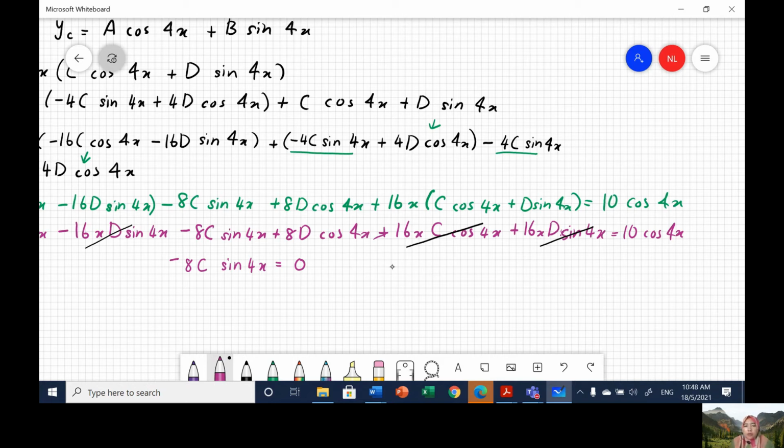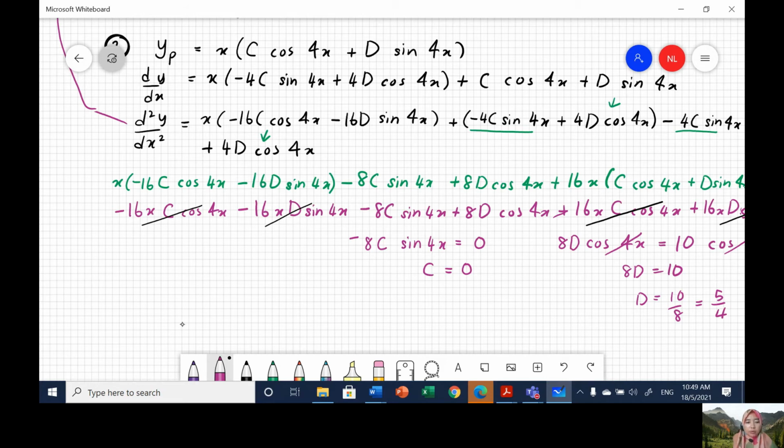Then for d, we have 8d cos 4x compared with 10 cos 4x. Comparing left and right hand side, we have 8d equal to 10, so d is 10 over 8 or 5 over 4. And here c equals 0.